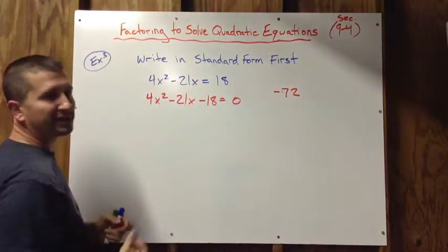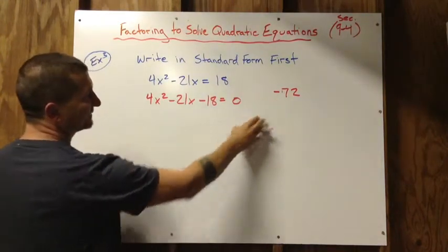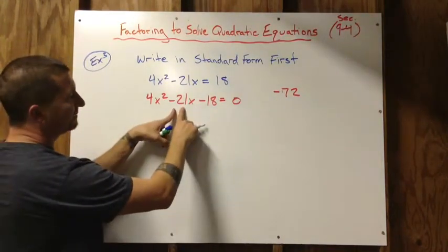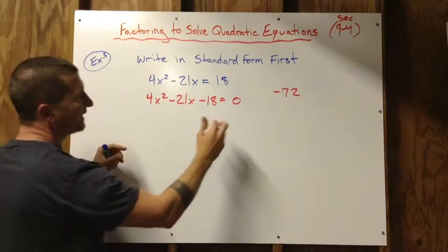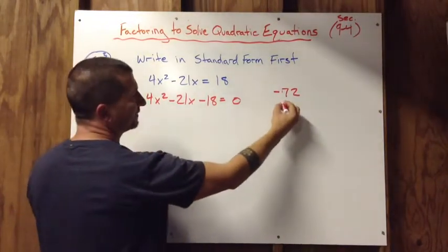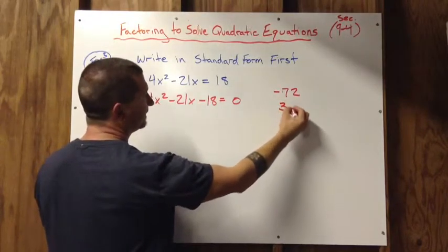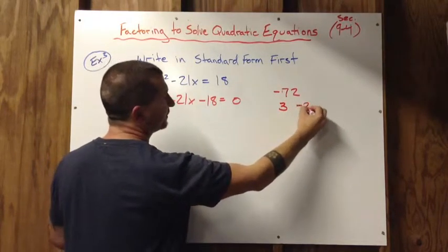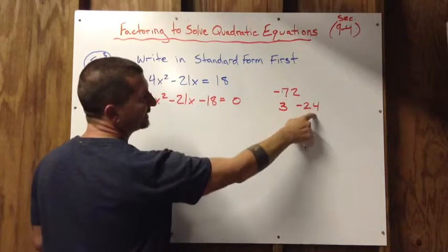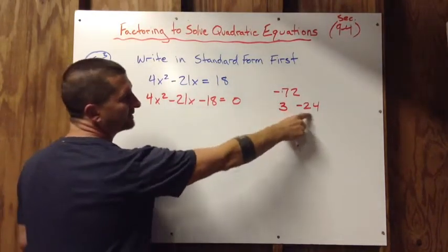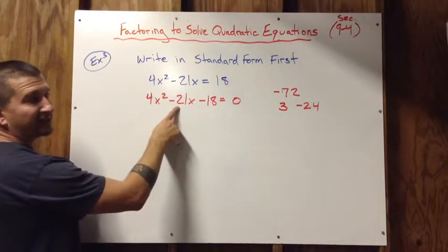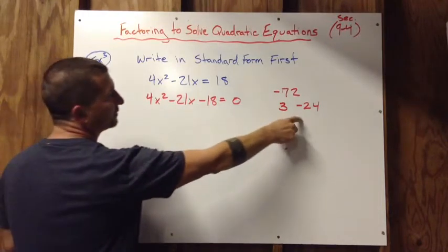And we need to look for a set of factors that give us negative 72 and have a sum of negative 21. The two factors that work for that are 3 and negative 24. So 3 times negative 24 equals negative 72, and 3 plus negative 24 gives us negative 21. So these are the two we're going to use.